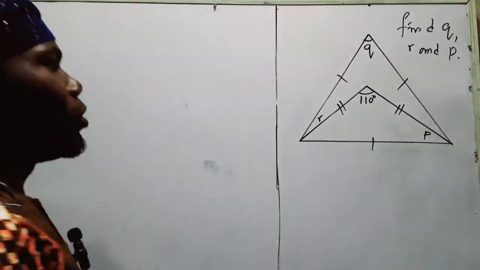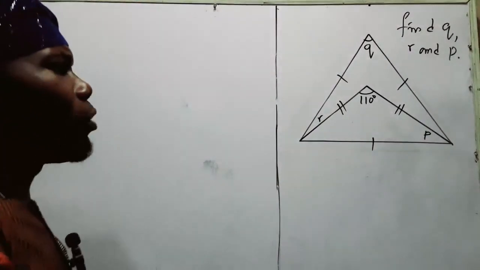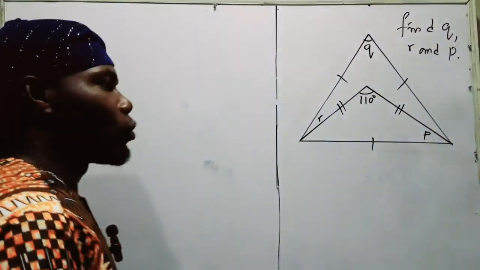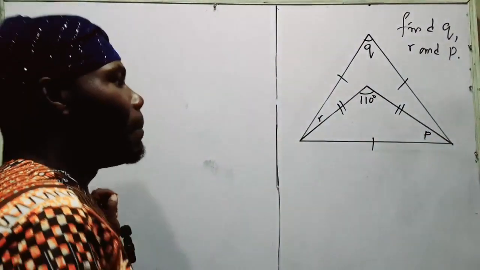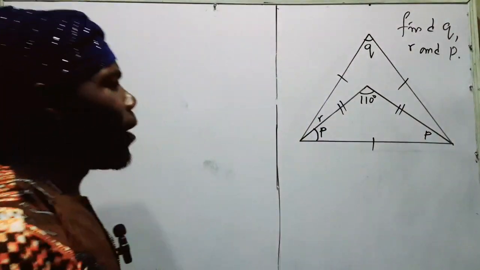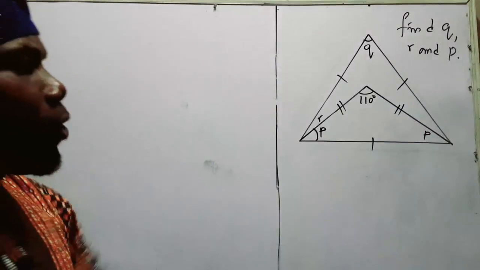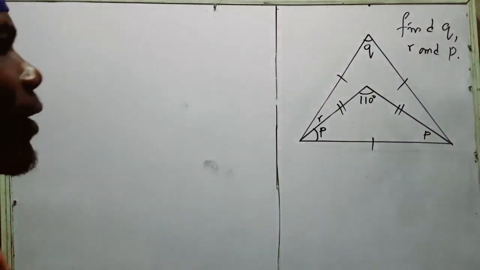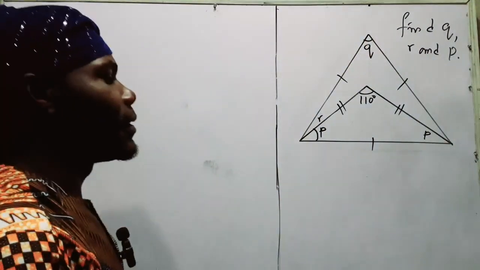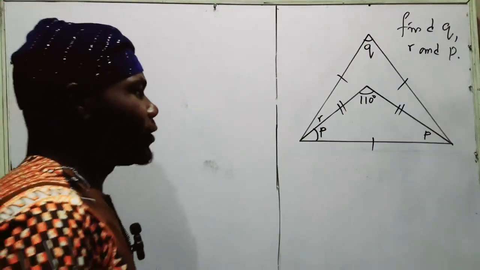So now, the first thing you are going to write: since this inner triangle is an isosceles triangle, it means that here it is also P. Now, if this is also a P, recall that every one of the triangles is an equilateral triangle.